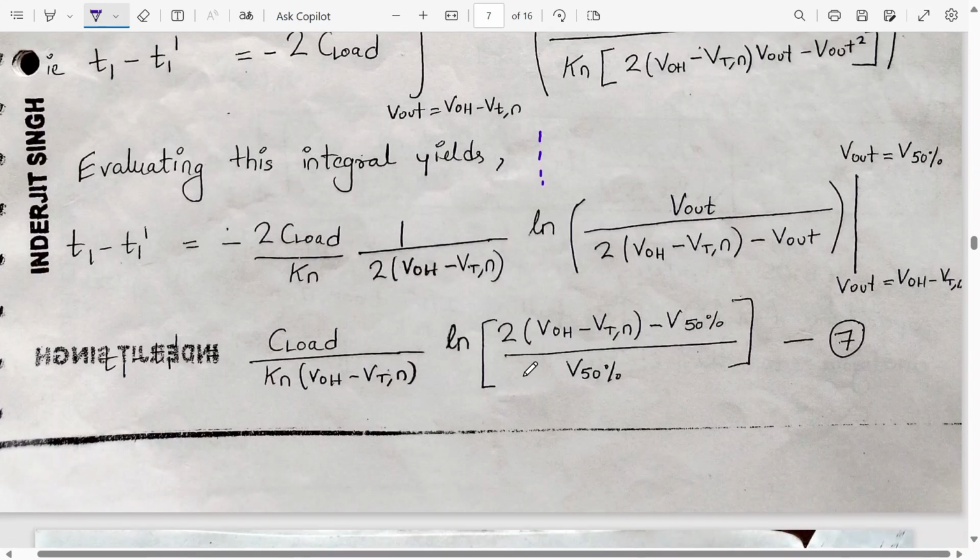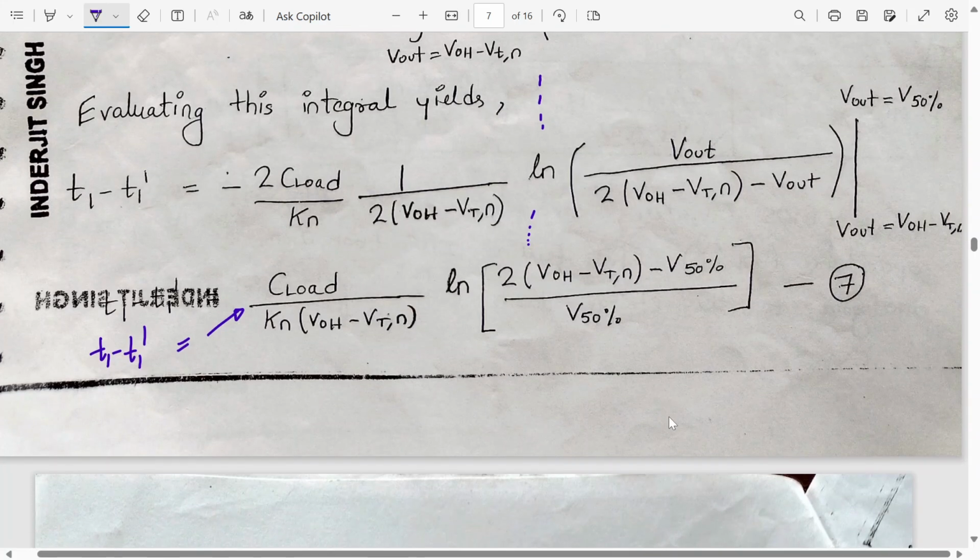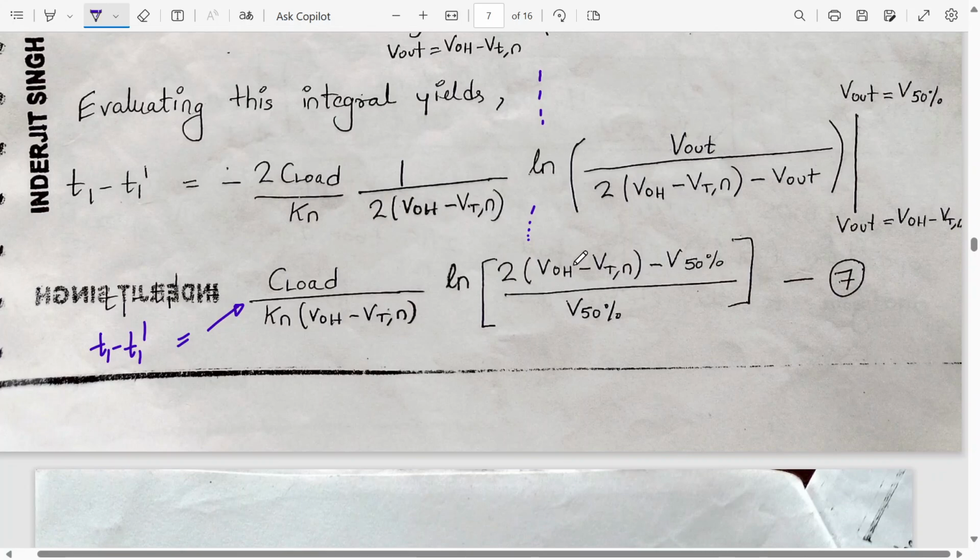Okay. So here we put the limits and we get this equation number 7. So T1 minus T1 dash will be equal to this. So you can put the values and find out the answer. Okay, Vout. Instead of Vout, you substitute these results, you will get this formula.